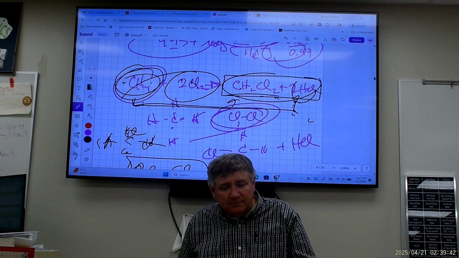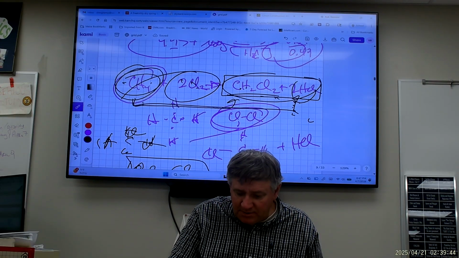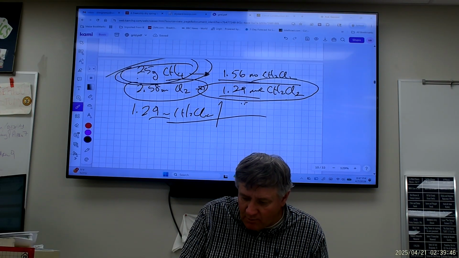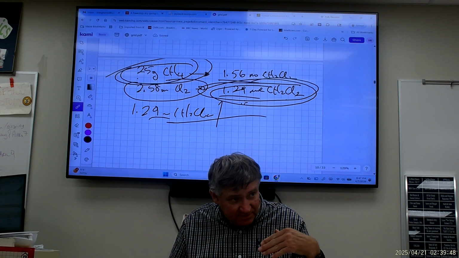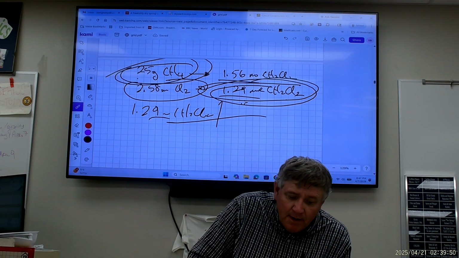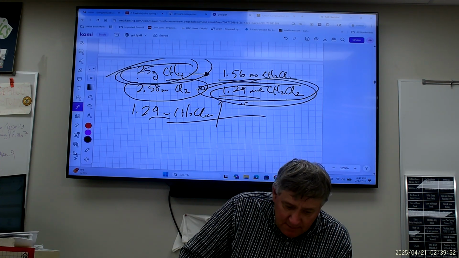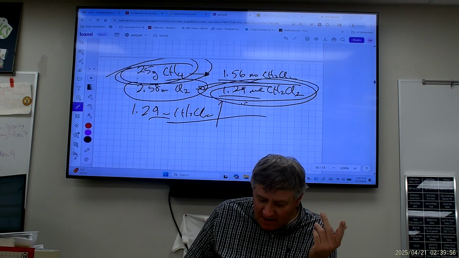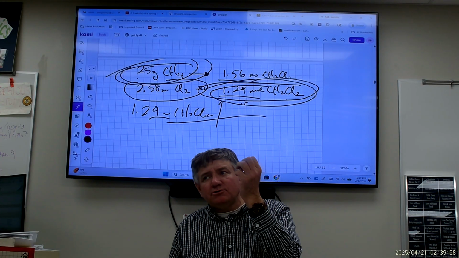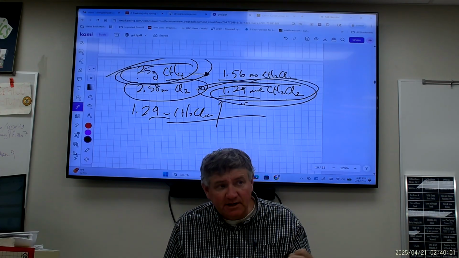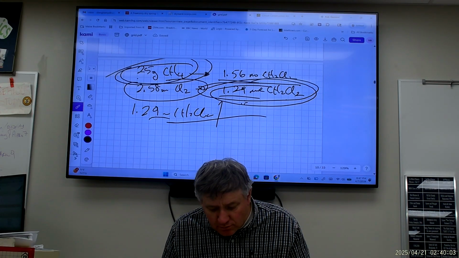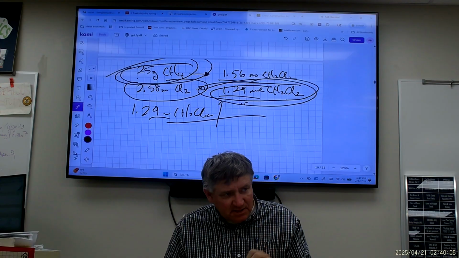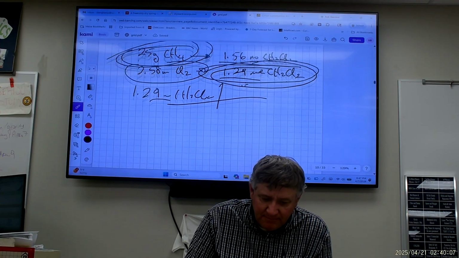Okay, so your answer to part A is that 1.29, because you can only produce the smallest amount. Now, when you get to B, you want to pay attention to the units: calculate the amount of energy in joules, not kilojoules, in joules, needed to break a single chlorine-chlorine bond.